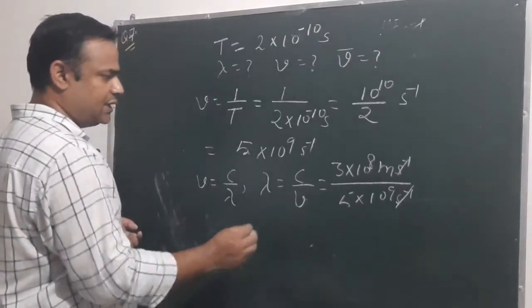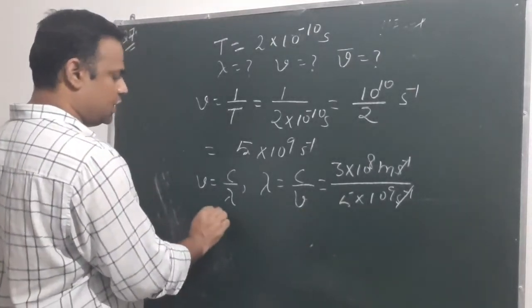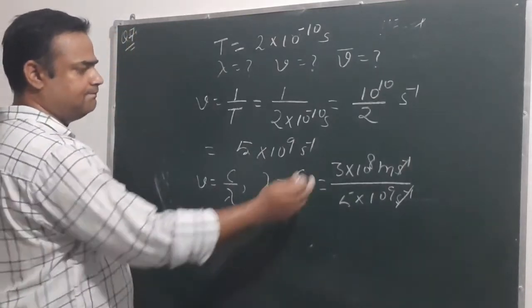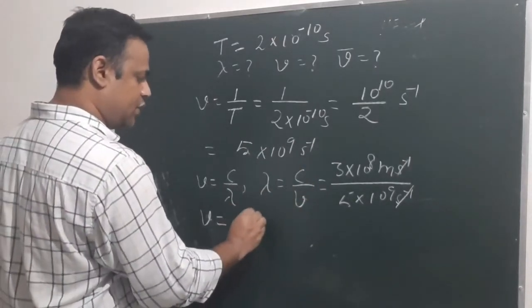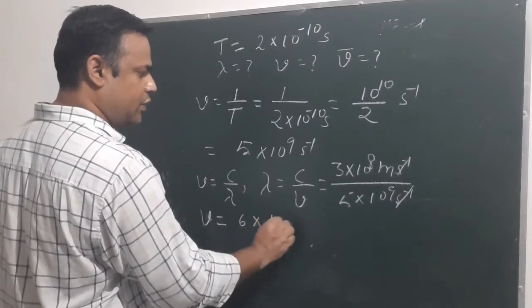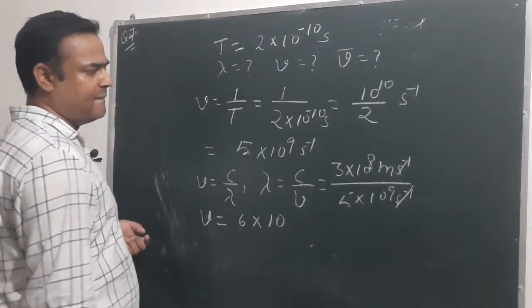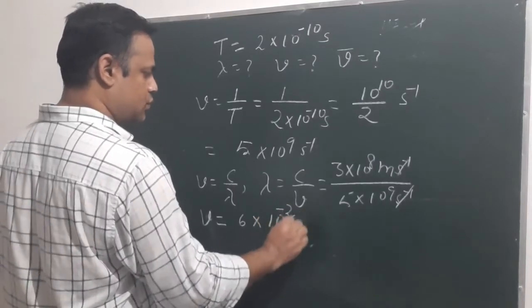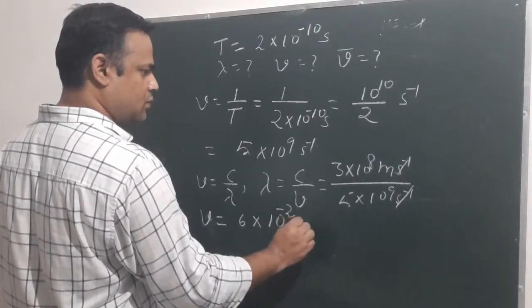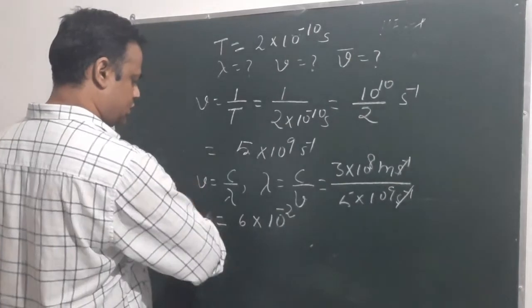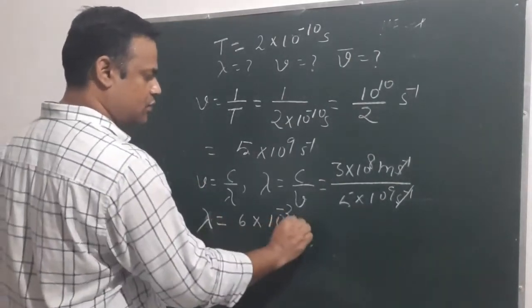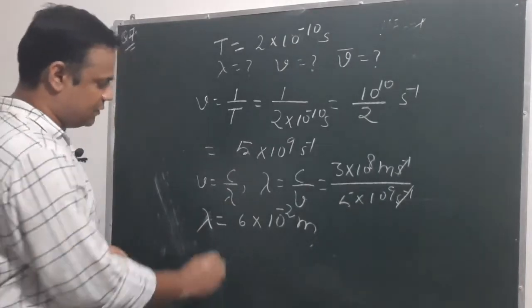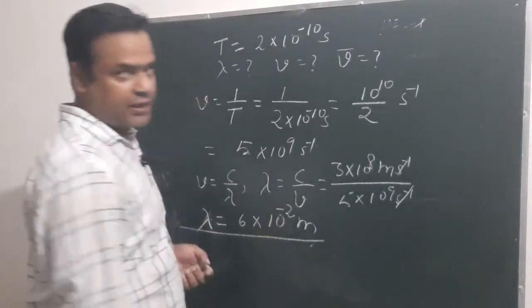So lambda equals 6 into 10 to the power minus 2 meter. So the answer will be 6 into 10 to the power minus 2 meter.